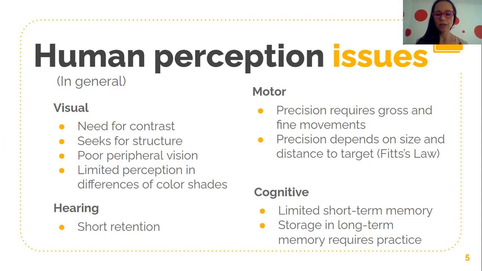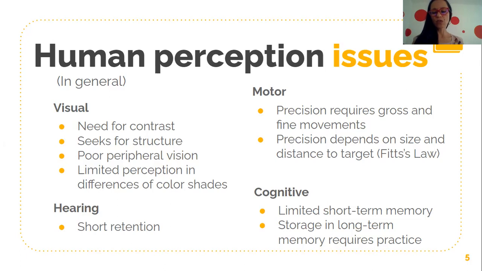And lastly, for cognitive issues, we should remember that we have a limited short-term memory. This thing that I told you about forgetting the names of the people who introduced themselves to you the first time, it's a short-term memory issue, and it's completely normal. We're limited. It's a limited buffer, and it's a temporary buffer.